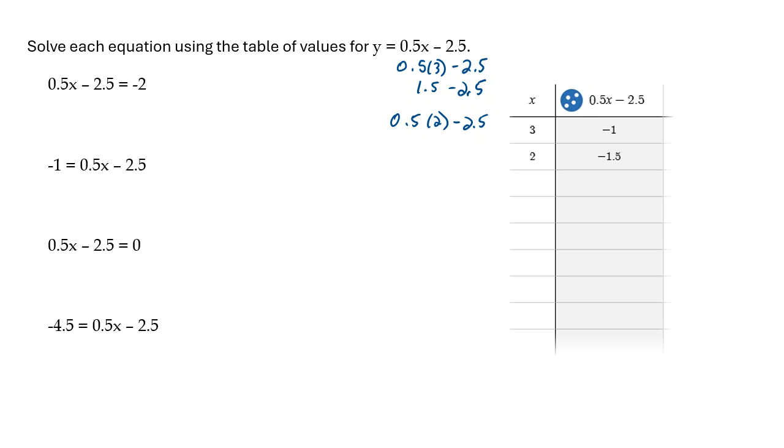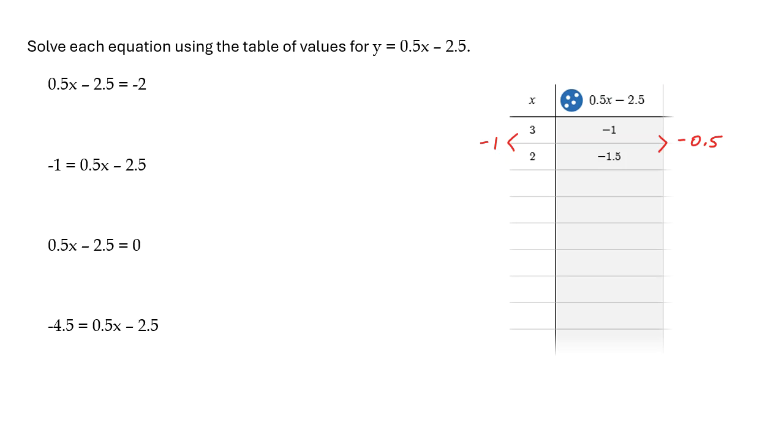Now we could continue plugging in values for x and generating the table, but we're going to work a little smarter here, and think about our rate of change. So we see that when x went down by 1, from 3 to 2, what happened to the y value? It went down by 0.5.